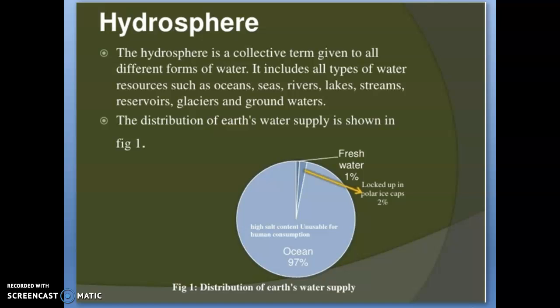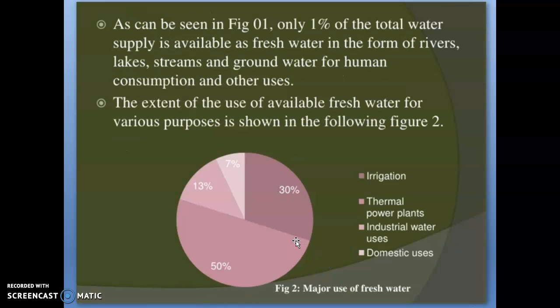Only 1% is available in freshwater bodies like rivers, lakes, streams, etc. and also in groundwater for human consumption and for other uses. So here we can see the water distribution in the hydrosphere.